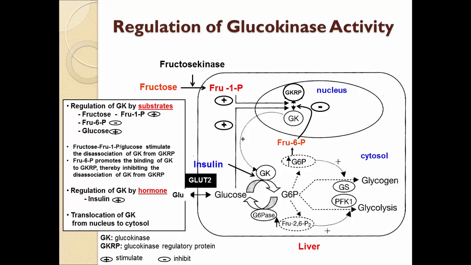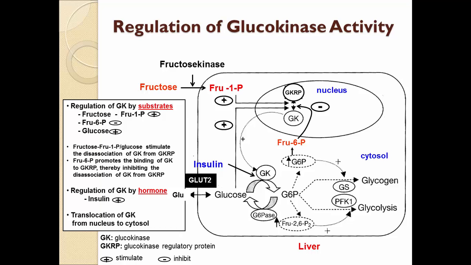So try to remember again, three substrates and one hormone, insulin. Insulin stimulates glucokinase activity by both increasing glucokinase production or gene expression, and also glucokinase protein activity, enzyme activity, right? So this is something happening in the liver.